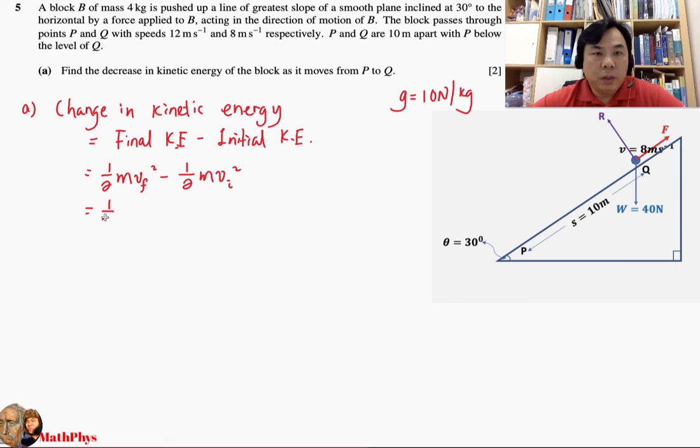Since both of them share the same mass, because it's the same particle of course, the final will be 8 squared, the initial will be 12 squared. That will be 8 squared minus 12 squared, times half m, which gives minus 4, 20.